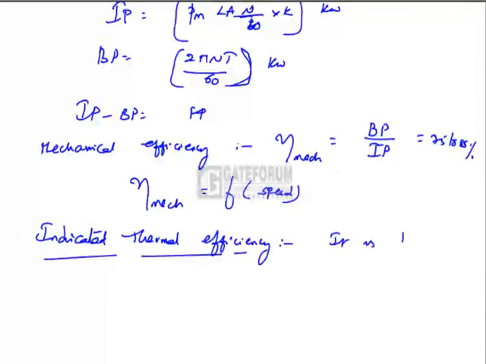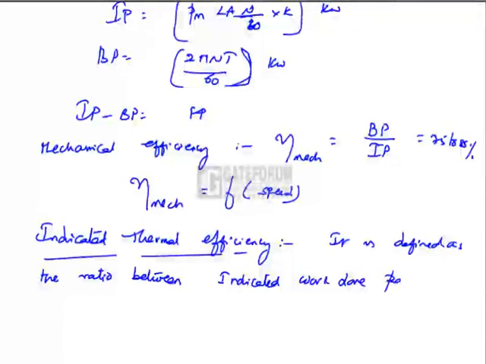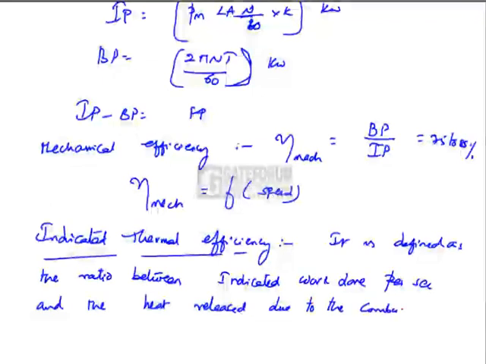It is defined as the ratio between indicated work done per second and the heat released due to the combustion of fuel per second in the combustion chamber.